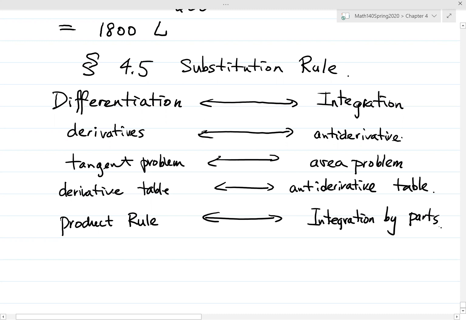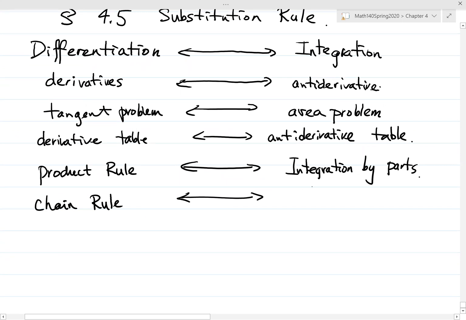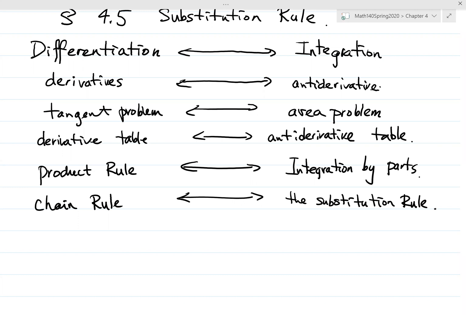And what about the chain rule? The chain rule in differentiation corresponds to a rule called the substitution rule. Let's recall what the chain rule says.